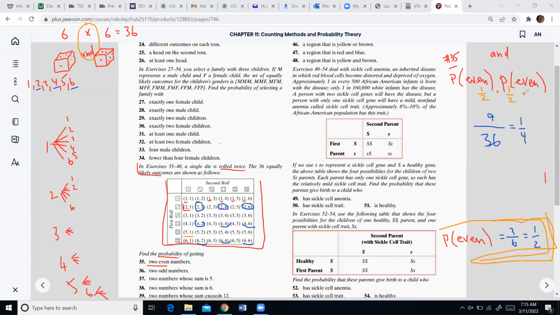And notice if you multiply 1/2 by 1/2, you're gonna get 1/4. The same exact thing. And that's not the way that we did the problem using all of those outcomes. I just did it the formula way. I multiplied 2 fractions and I produced the answer.